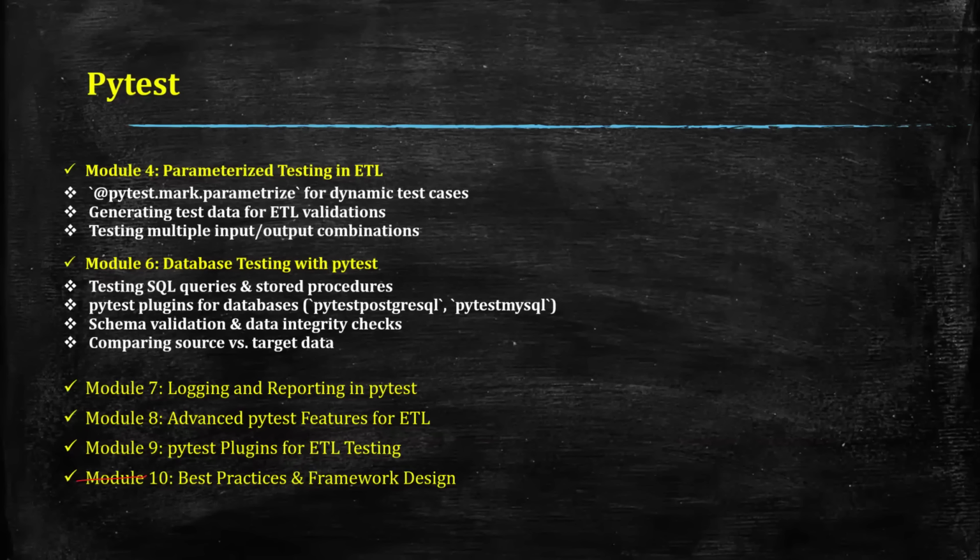We need not do anything specifically: with some libraries, it automatically builds the test cases for us and gives us the result, pass or fail, in a report properly. We'll discuss best practices, framework design, and even Pytest plugins for ETL testing in detail.